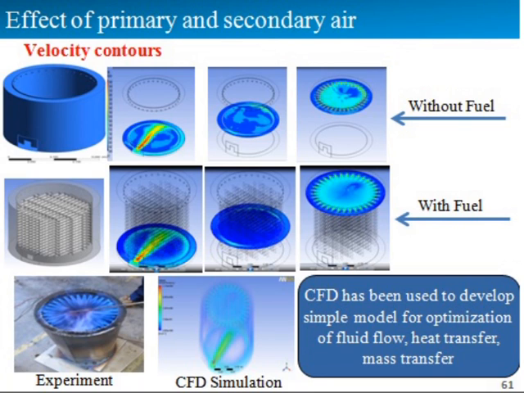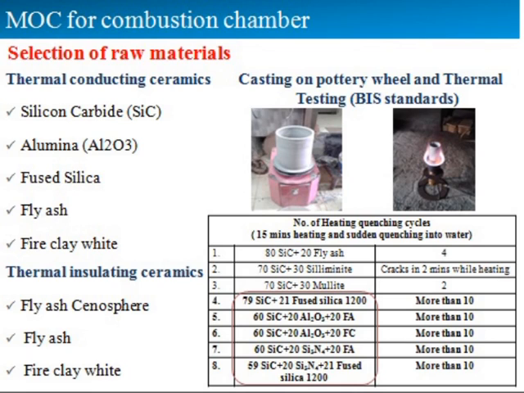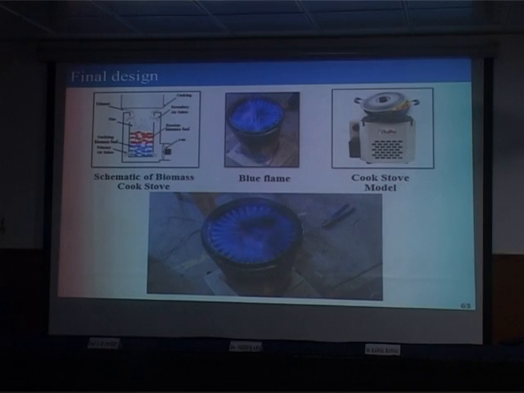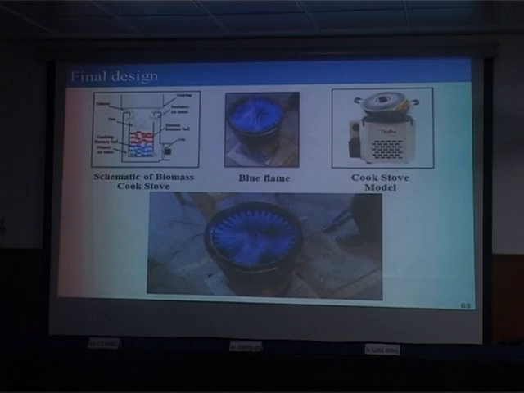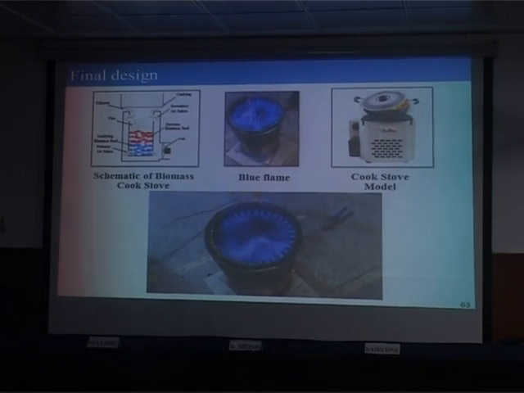You see how these jets are coming out of the secondary air, and this is actually a photograph of the newly developed stove, where you see a completely blue flame. Let me just go back, and you see the type of combustion. This is having wood being combusted, and the type of flames which you get here are exactly the same as the flame which you get in your gas burner.